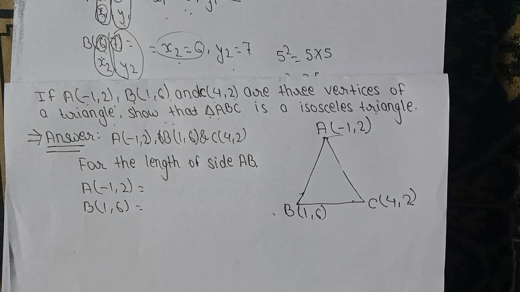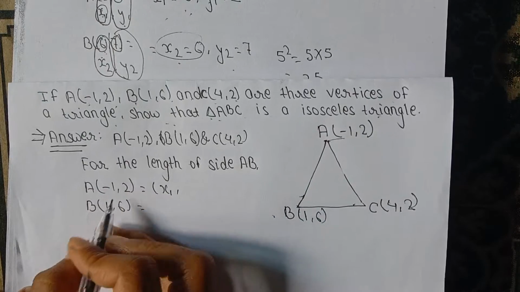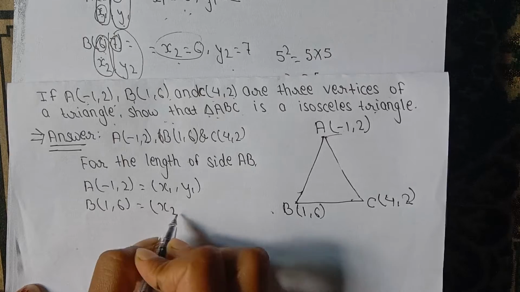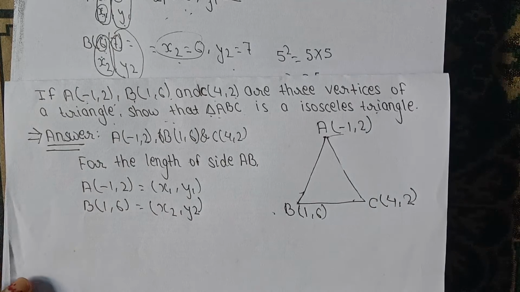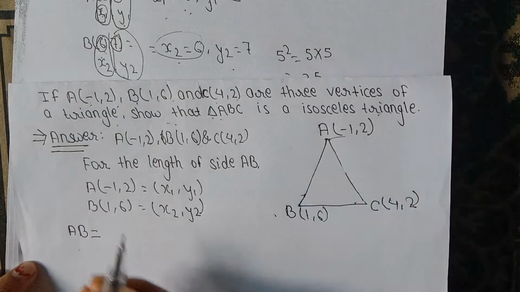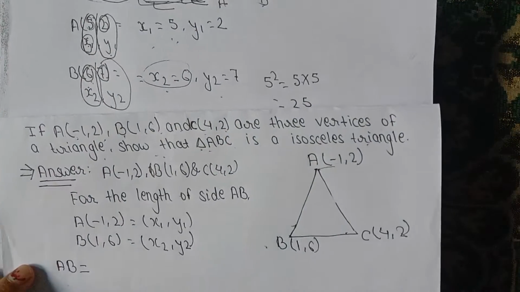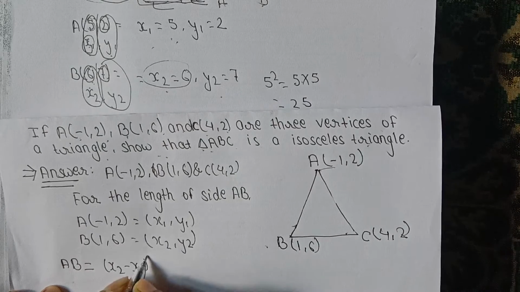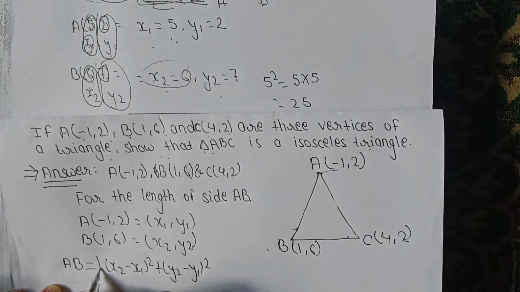I had already taught you that this one is x1 and this is y1, and here the first one is x2 and the second one is y2. Are you clear on this? So let's move ahead. The length or the distance from A to B is equal to the distance formula, so please write down that formula: square root of x2 minus x1 whole square plus y2 minus y1 whole square.